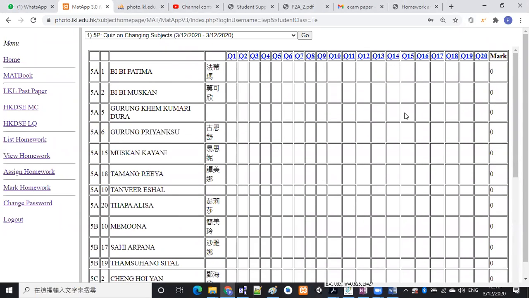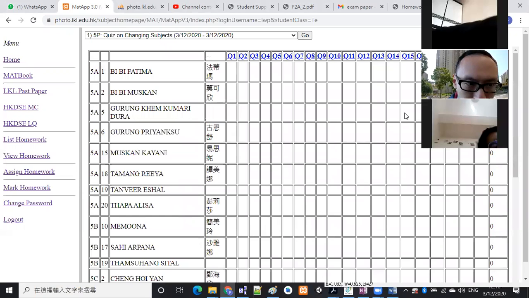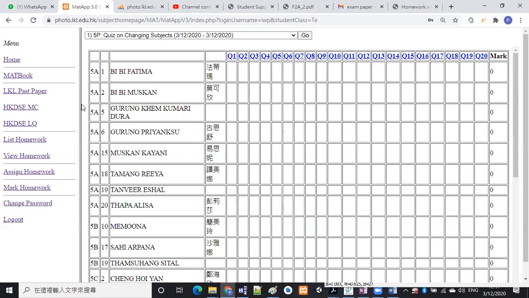In homework. Yes, submit homework. When you click submit homework, and then for the first homework from the menu bar, you click go, and then it will show you the questions one by one. There is no need to upload any step because it is a multiple choice question. You just select the correct answer.